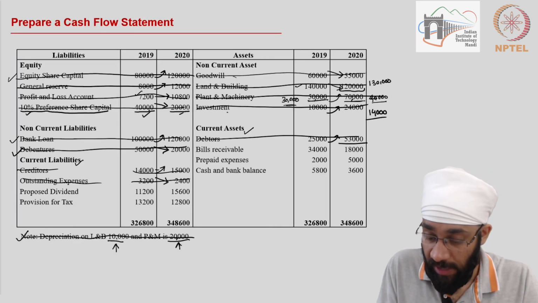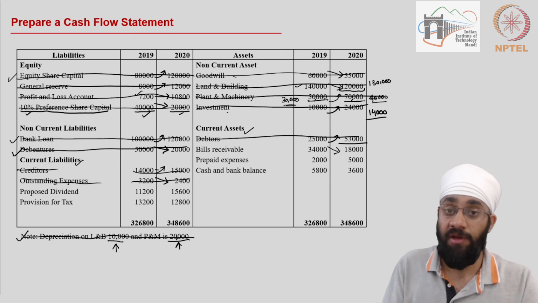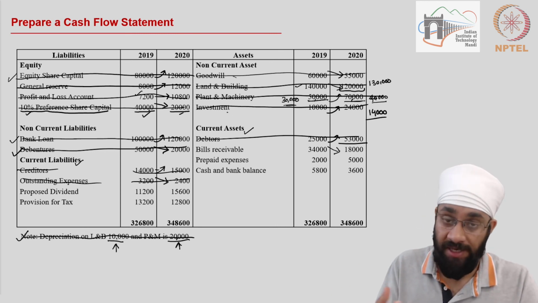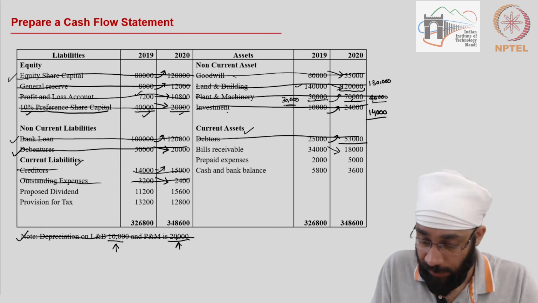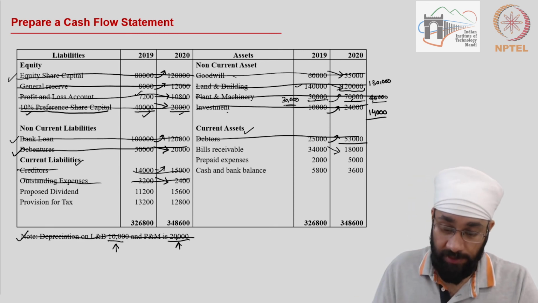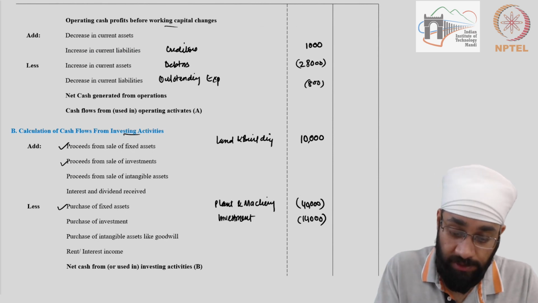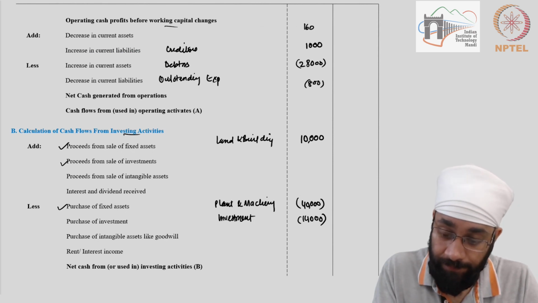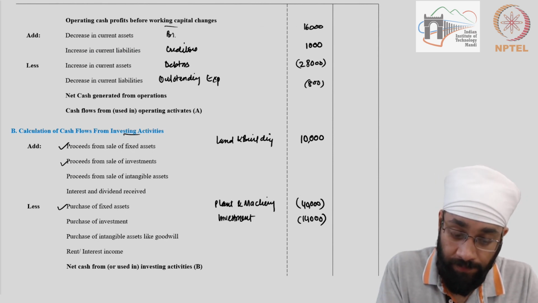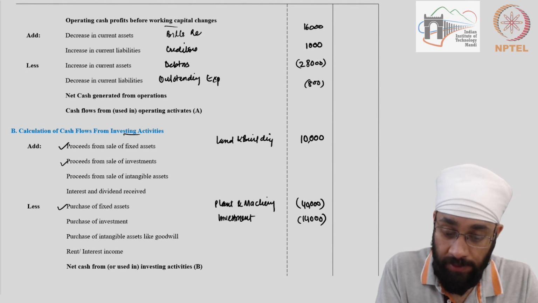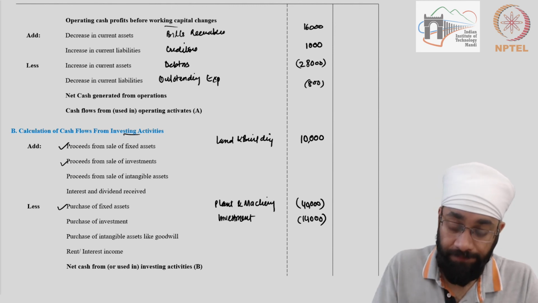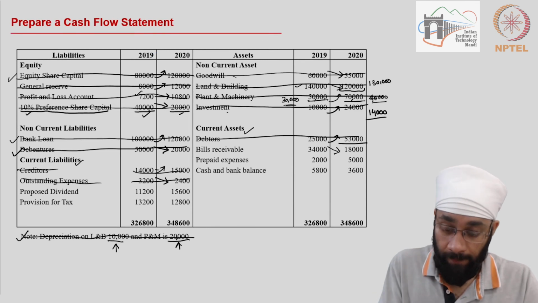Bills receivables are going down, so decrease in current assets, meaning you have recovered the bills. So this is an inflow, and the amount comes out to be how much? 16,000. Bills receivable 16,000. This is done.